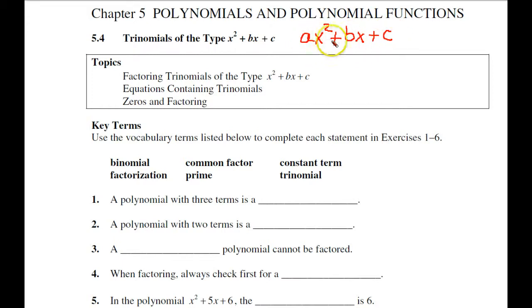So this is called the standard form of the quadratic expression.